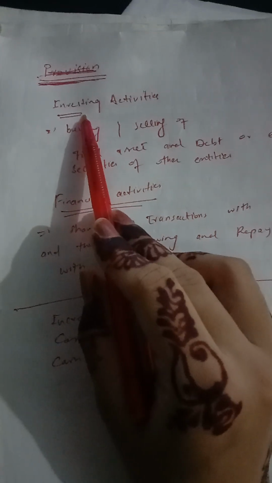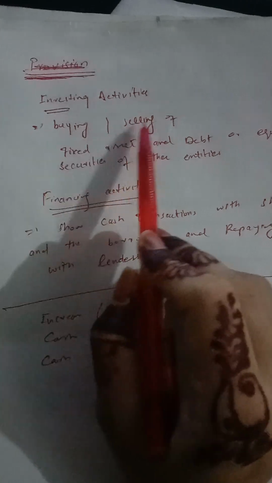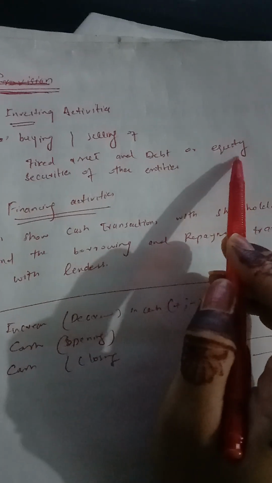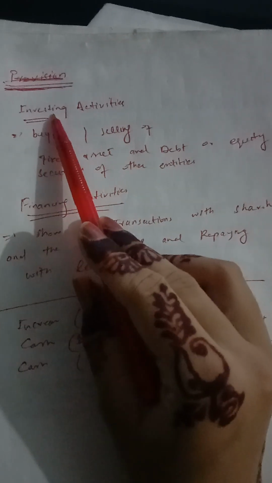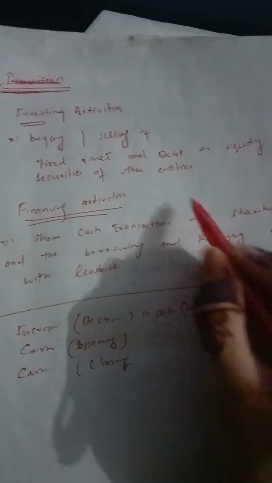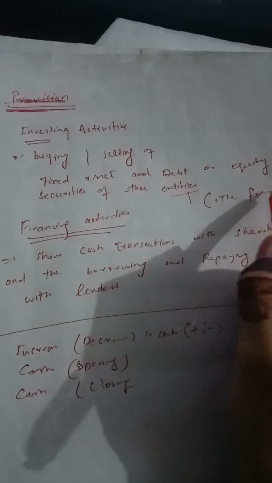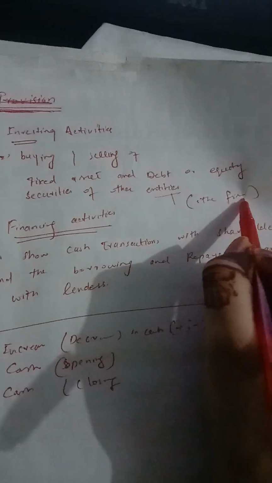First of all, we will recap the investing activities and financing activities. The investing activities involve investments, meaning we buy and sell fixed assets and debt or equity securities of other entities, meaning we make investments in other firms. Other entities means other firms. We purchase a fixed asset, or debt or equity securities of other firms.